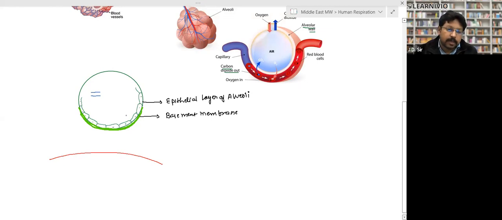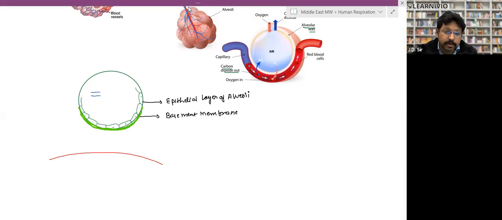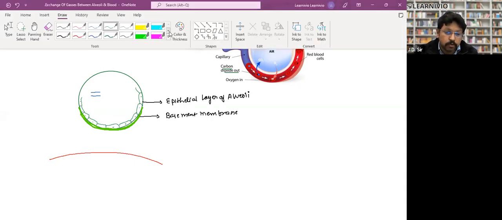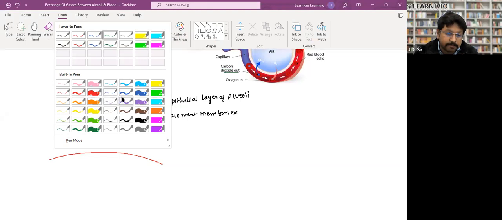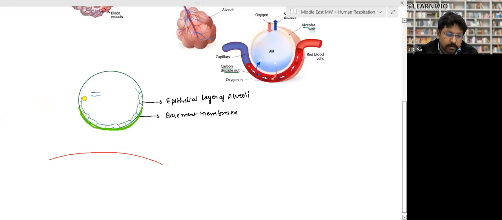Inside the epithelial layer, there is one more layer, right? That is filled with a fluid-like substance that is called the fluid layer or surfactant. So let me draw that also. There is one more layer, which is filled with fluid.